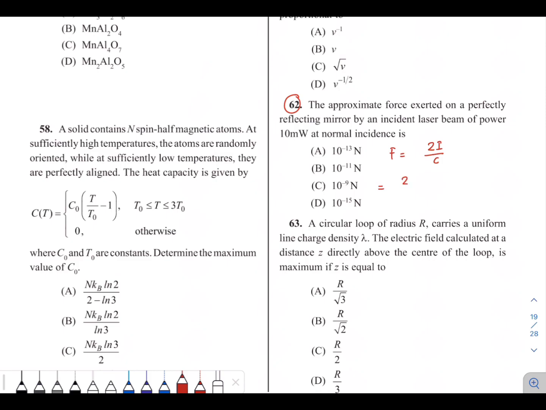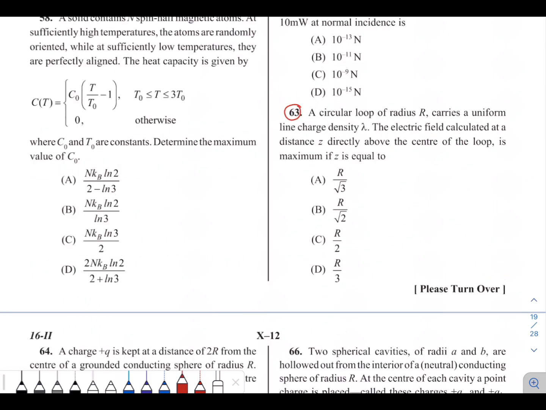So this is equal to 2 times 10 to the power minus 3 watt divided by 3 into 10 to the power 8 meter per second. So this is 2 by 3 times 10 to the power minus 10. So it's approximately 0.6 times 10 to the power minus 10, which can be taken as 6 into 10 to the power minus 11 Newton. So option B is the correct answer.